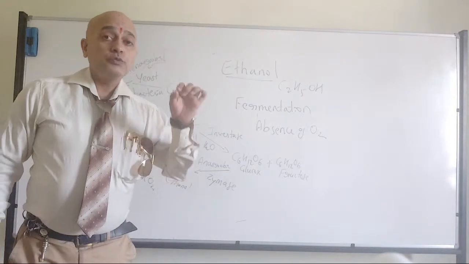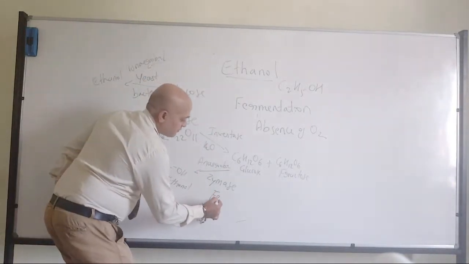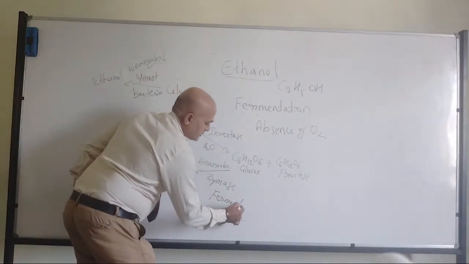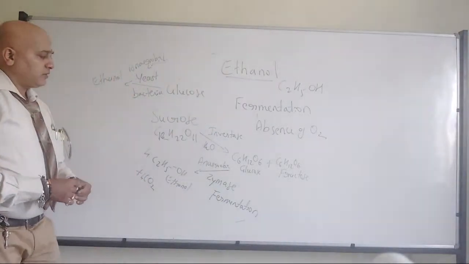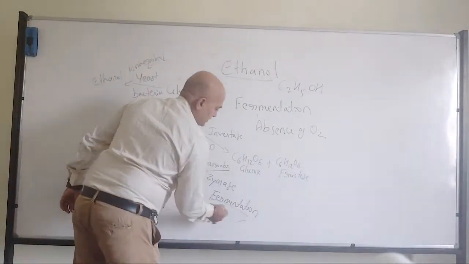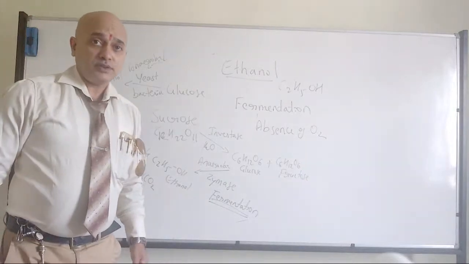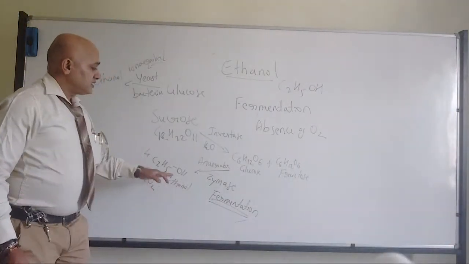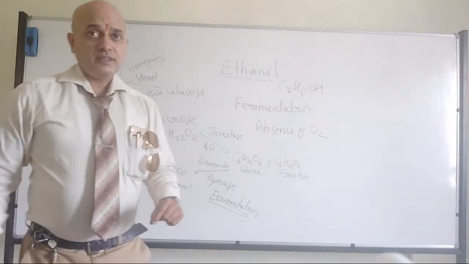Now we should be very careful. That's why this process is called fermentation. So alcohol, ethanol, will be commercially prepared by using the fermentation process. Right? Now, what will happen if oxygen is there?